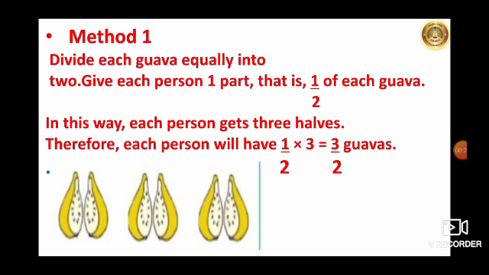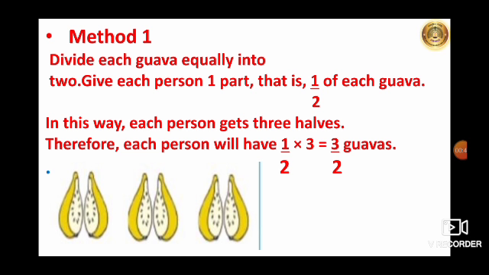Here they have given the first method. Divide each guava equally into 2. Give each person one part, that is half of each guava. In this way each person gets 3 halves. Therefore each person will have 1/2 multiplied by 3 is equal to 3/2 guavas.